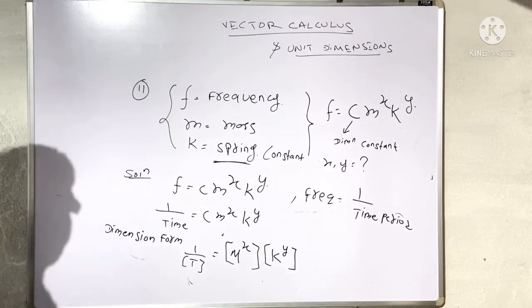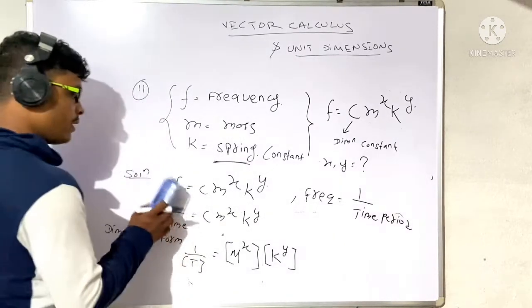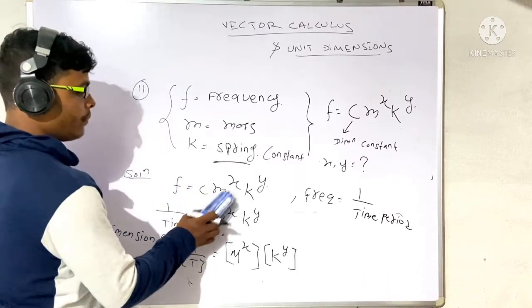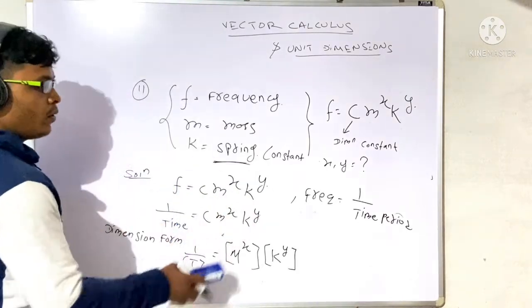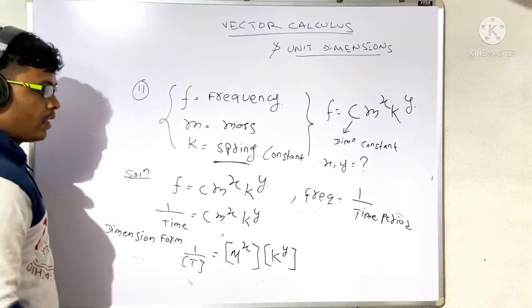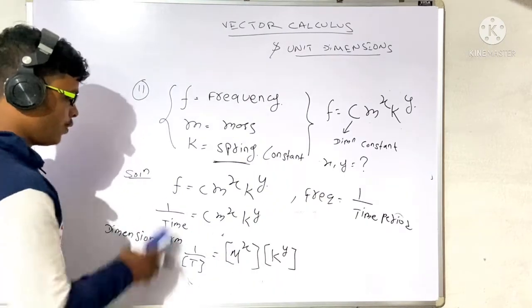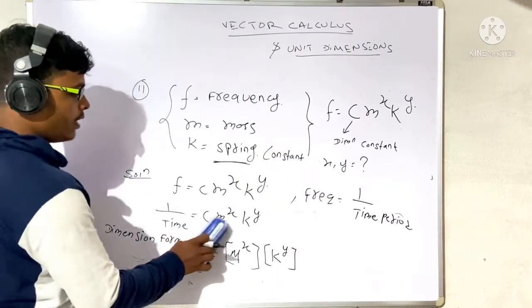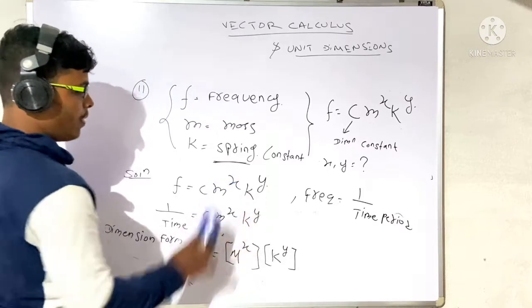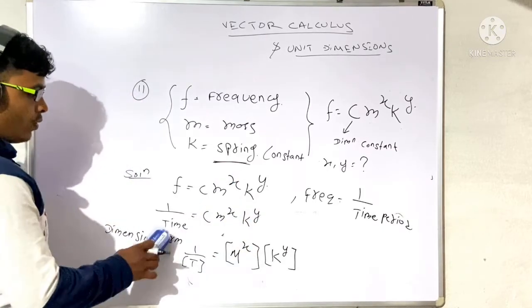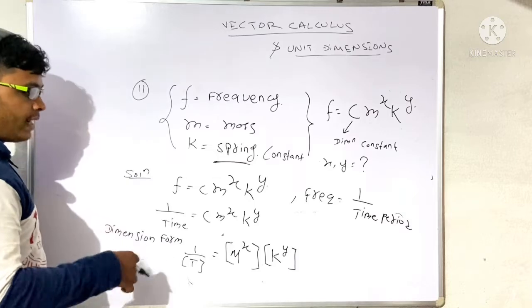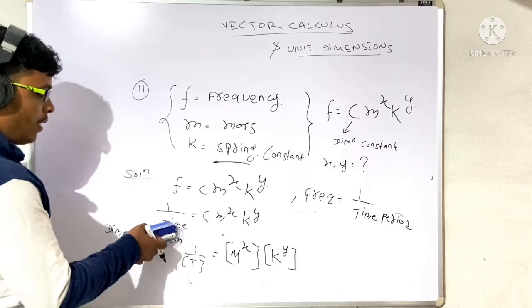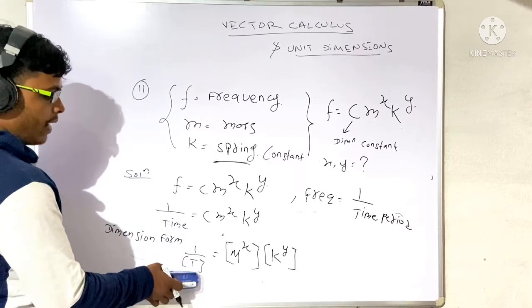Write this in the dimension form. This was given to you: f equal to c m to the power x k to the power y. We know frequency equal to 1 by time period. Time period means this is a time. So 1 by time, now c m to the power x into k to the power y. So I write it in dimension form. 1 by time, this is the time dimension.